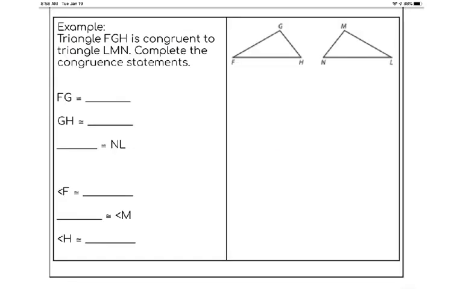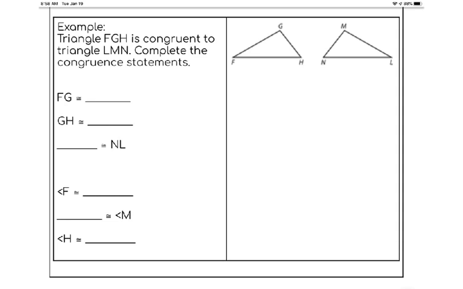Now I want you to pause this video right here and try this example. Triangle FGH is congruent to triangle LMN, so we need to complete the congruence statements. Once you've paused it, give yourself some time, do it, and then go back. I'm going to go through it now to give you the answers.